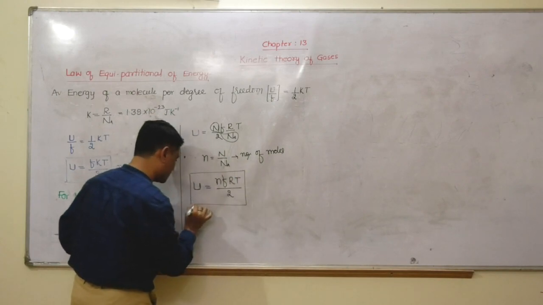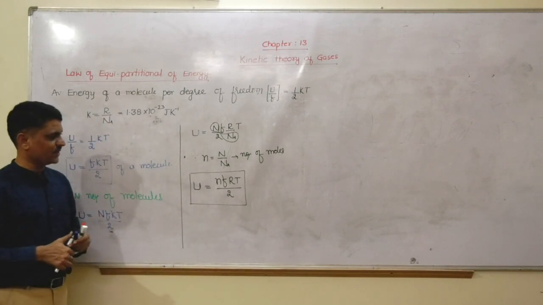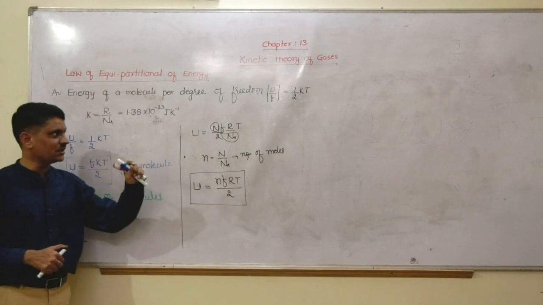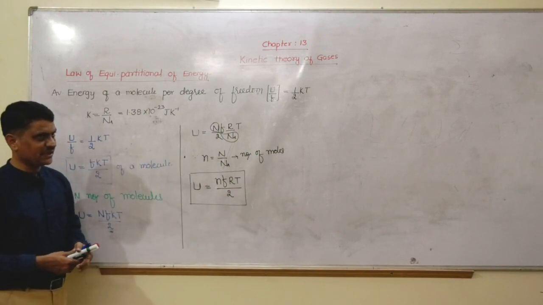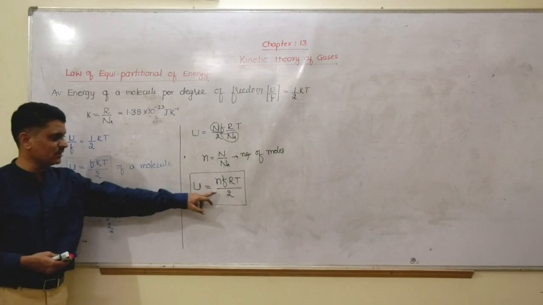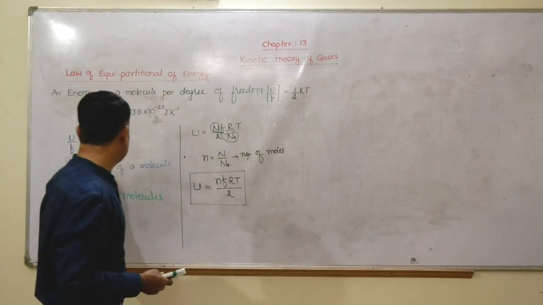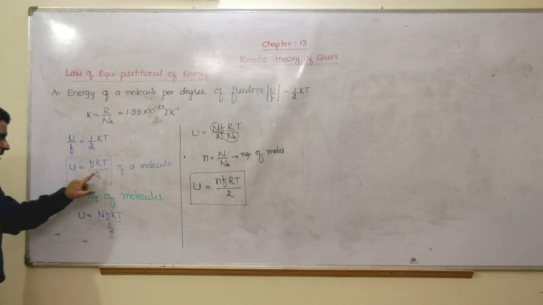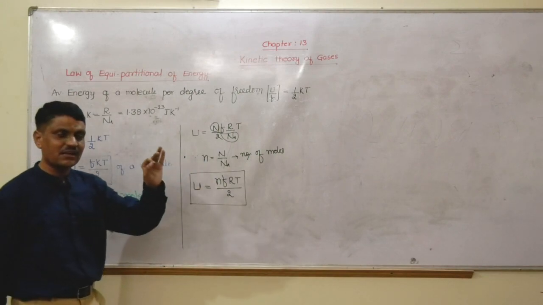So this expression is very very important for our further discussion, right? So based on this we got a question in 2017 or 16 there was a question on this expression. Directly you would have written the answer. Okay, so this is energy of one molecule, this is energy of n molecules, this is energy of n moles of a gas.